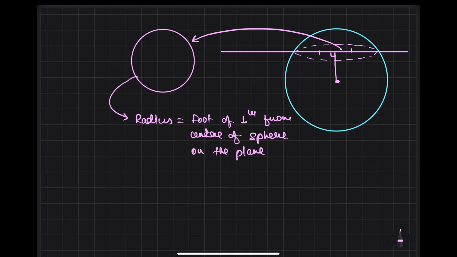The perpendicular drawn from the center of the circle to the chord bisects the chord. Okay, so this is your distance. Now this foot of perpendicular will become the center of the circle.